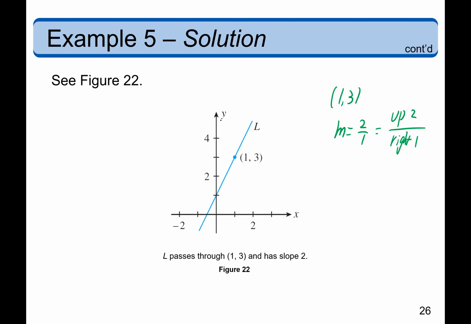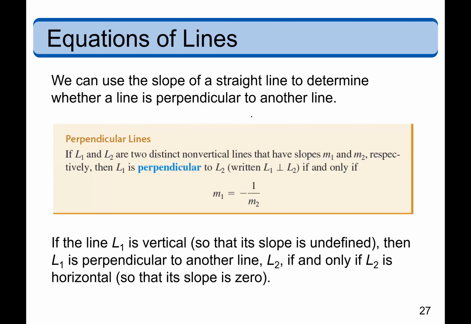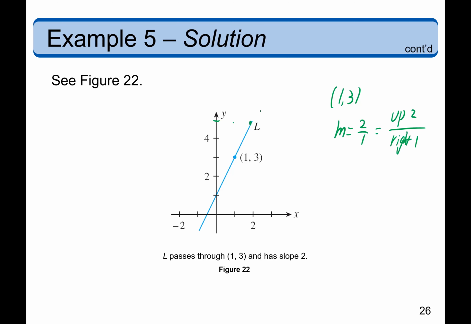From here, we go up 2 units, 1, 2, and then go to the right 1 unit. So another point should be here. Then you connect those 2 points and you also get a line. So you can use a given ordered pair and the slope to get another point and then connect them to get a line.